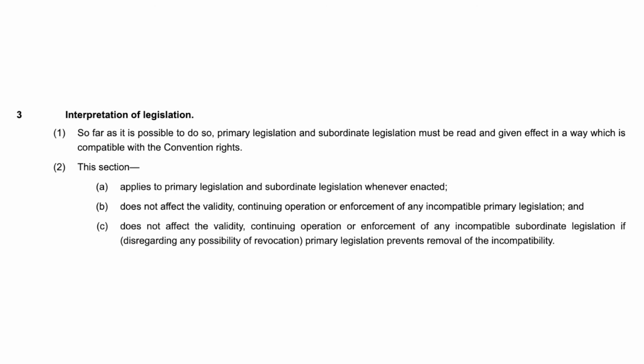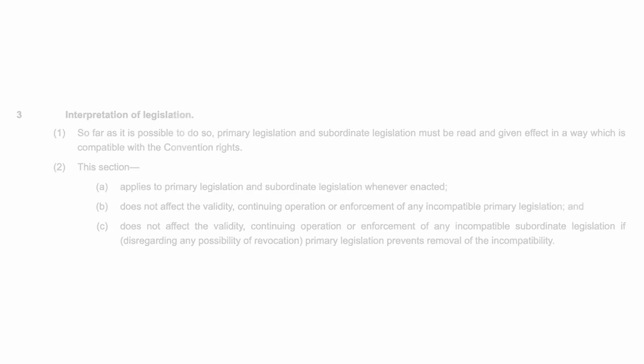Section 3 of the Human Rights Act 1998 states that as far as it is possible to do so, an act must be read and given effect in a way which is compatible with the rights in the European Convention on Human Rights. This only applies to any case where there is an issue of human rights.